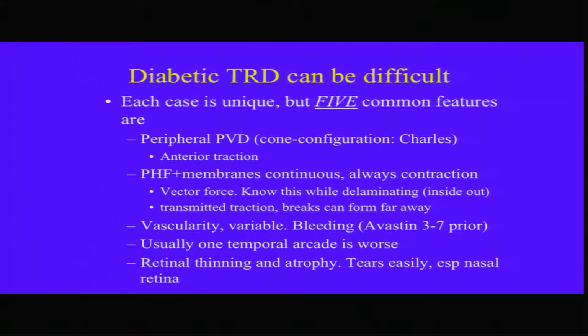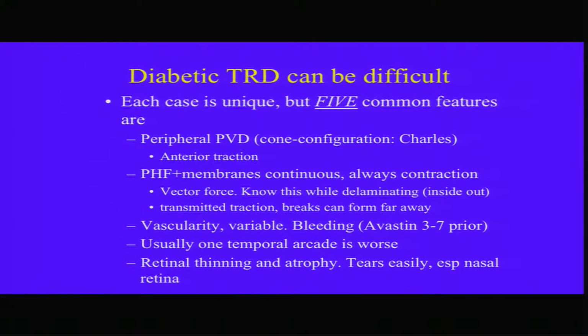So some of these cases can be very difficult, but if you remember these 5 things, you will have a plan. So first, in most of these TRDs, there is a peripheral PVD. The second, the posterior hyaloid and membranes are a continuous structure. And the idea is you should know that you can cause a break at a remote location far away from your area.